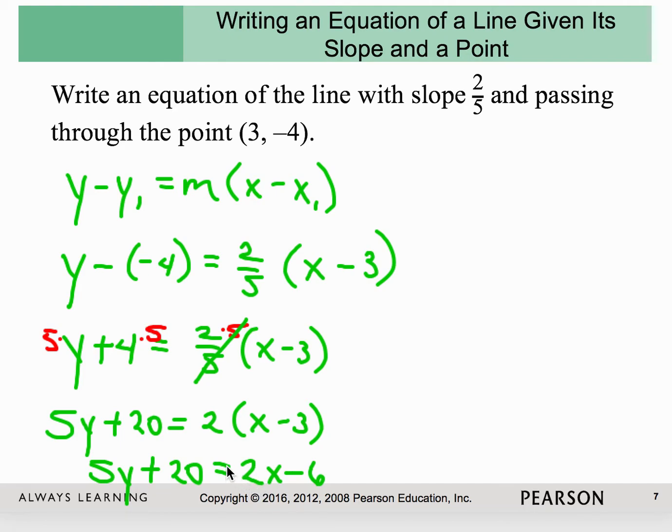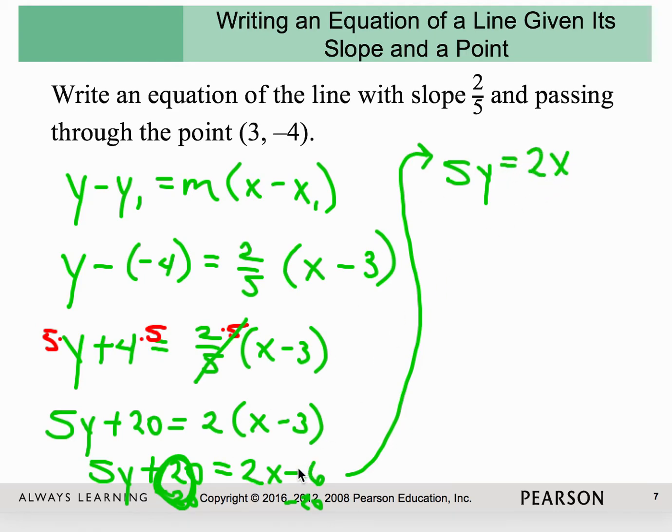Okay. Now we're going to leave all of our answers in slope-intercept form, so I need to solve for y. So undo what's being added or subtracted first. So 5y plus 0 equals 2x minus 6 minus 20, minus 26.